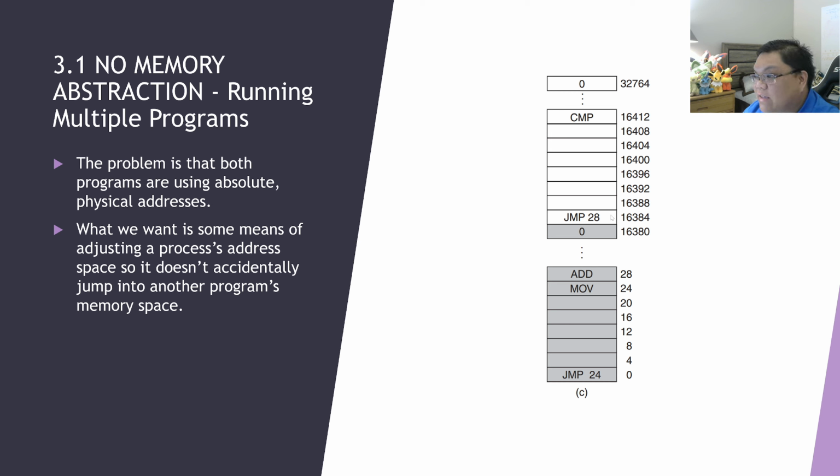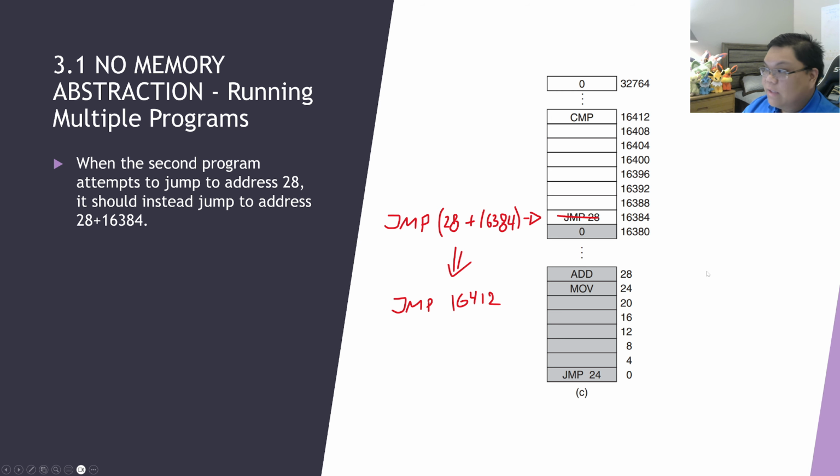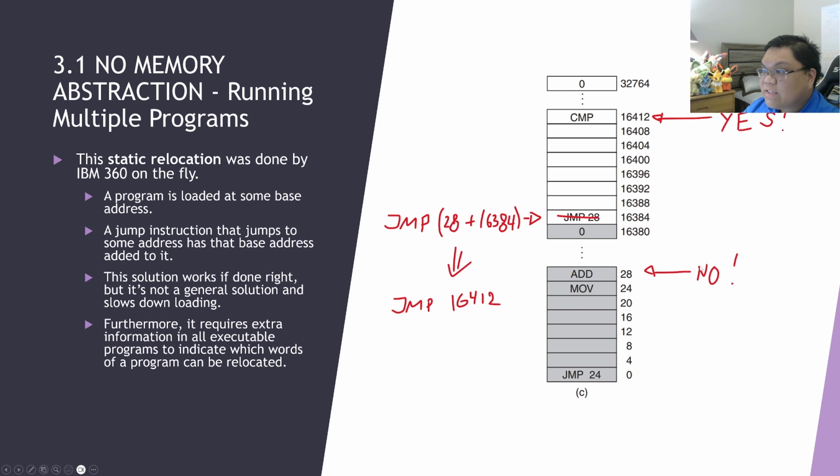So really, this jump 28 should not jump to this 28 here. Jump 28 should actually jump to this compare operation on line 16 at line 16412. This is called static relocation.